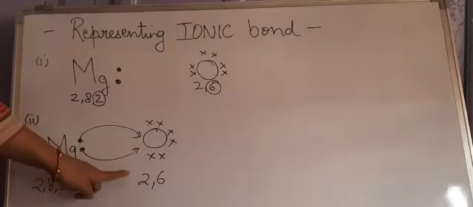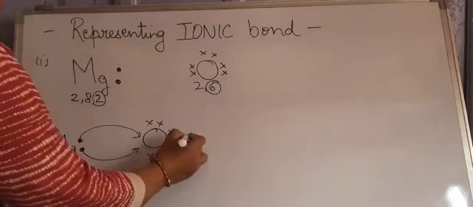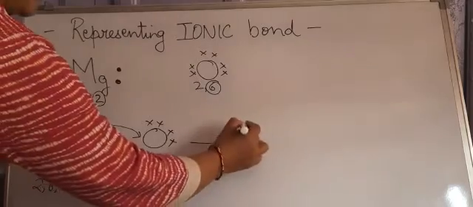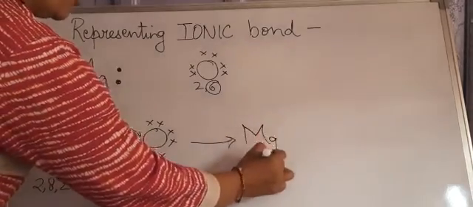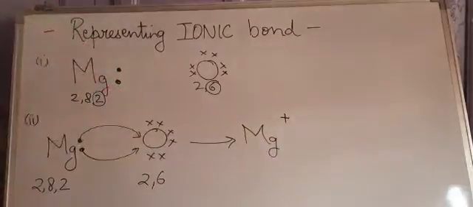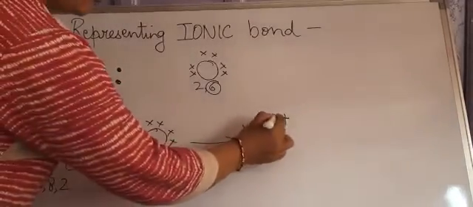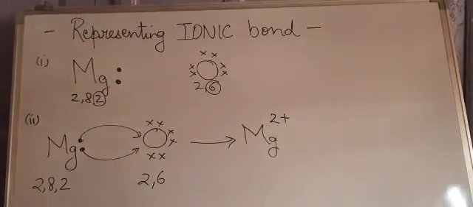So this will lose electrons and this will accept electrons, and in the process Mg is going to become positively charged. It has lost 2 electrons, so we are going to show 2 positive signs over here.